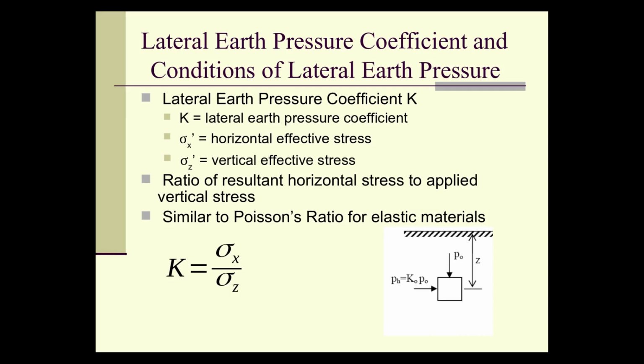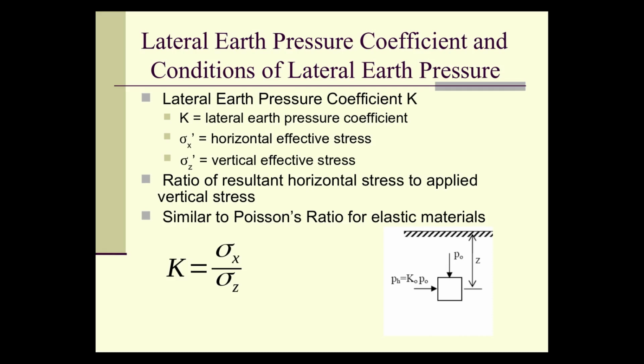We talk about induced stress, which is what we did with the Boussinesq 2-to-1 method. However, when we have a vertical stress, we induce a lateral or horizontal stress in the soil. The ratio of those two, no matter how we do it, is referred to as the lateral earth pressure coefficient.